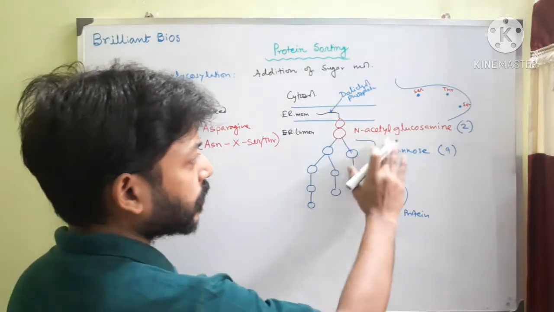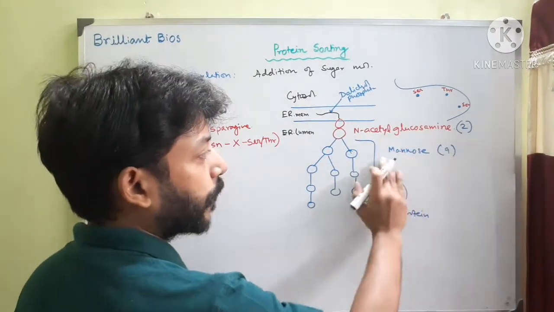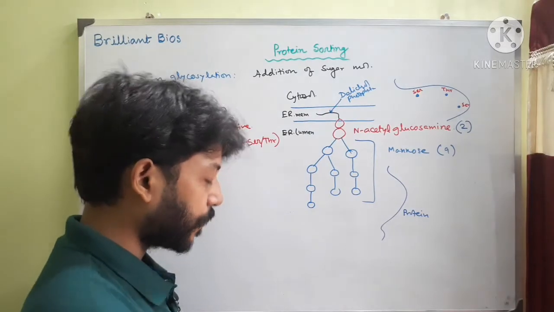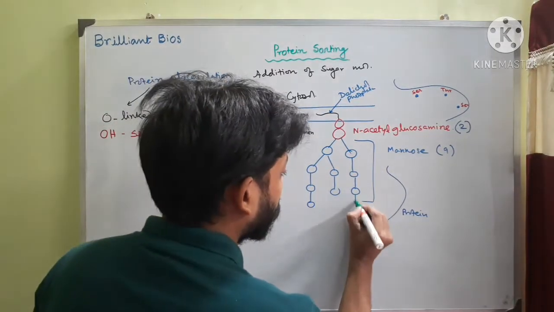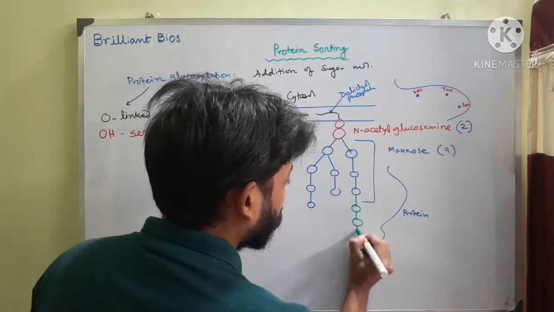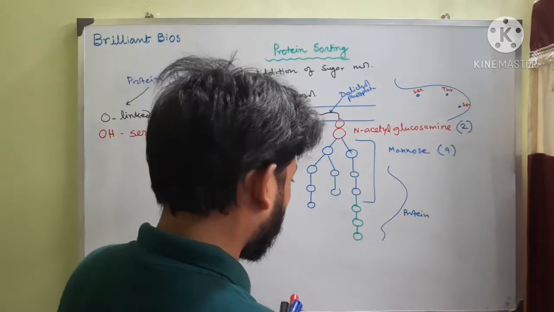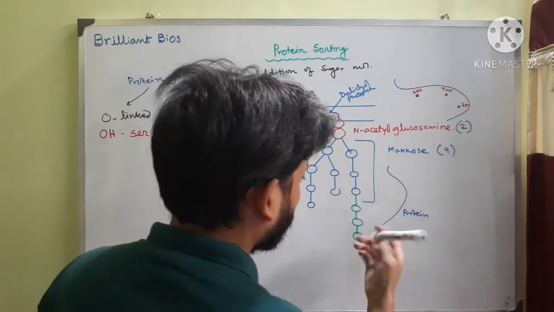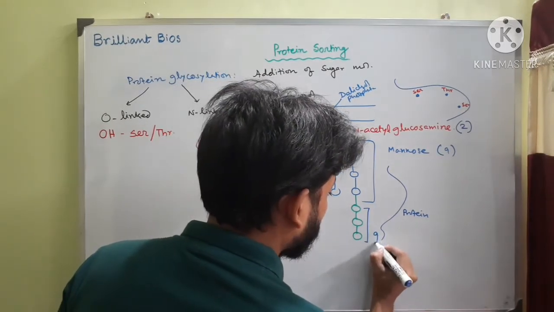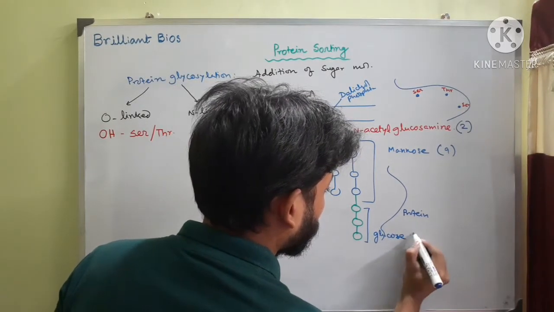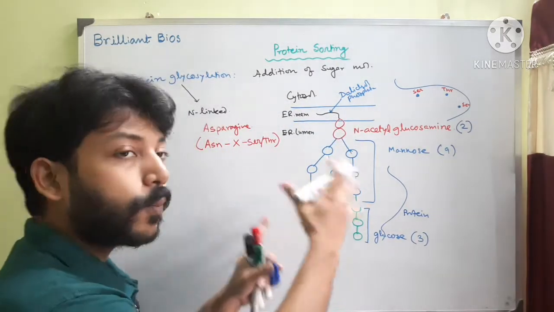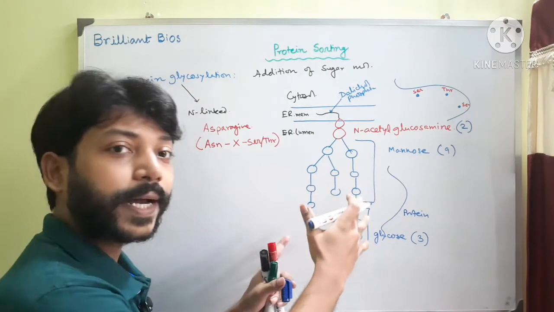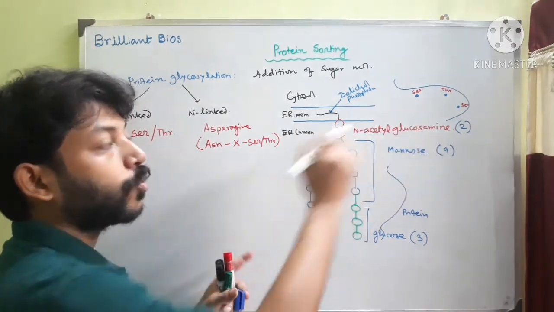Now here 2 N-acetyl glucosamine, 9 mannose, and then 3 glucose molecules are attached. Let's assume these are the glucose molecules, 3 glucose. So this is the sequence of the complete oligosaccharide that is attached with the protein.